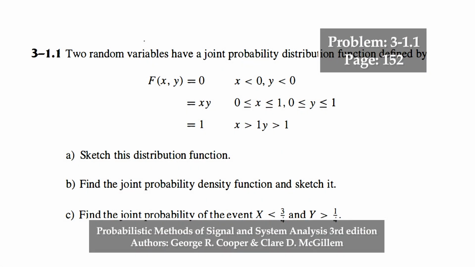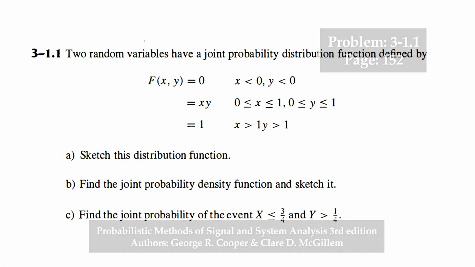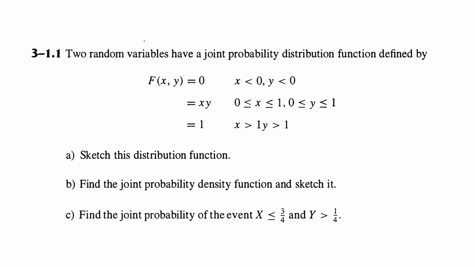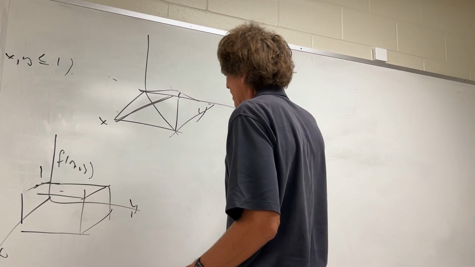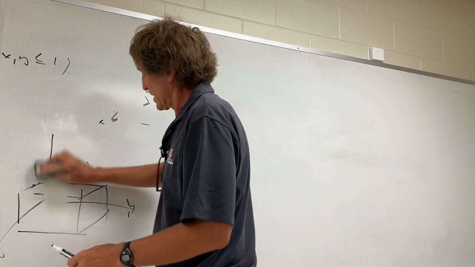All right, what next? Find the joint probability of the event capital X is less than or equal to 3/4, and capital Y is greater than 1/4. Pay attention to this. Make sure you can do this without any problems.